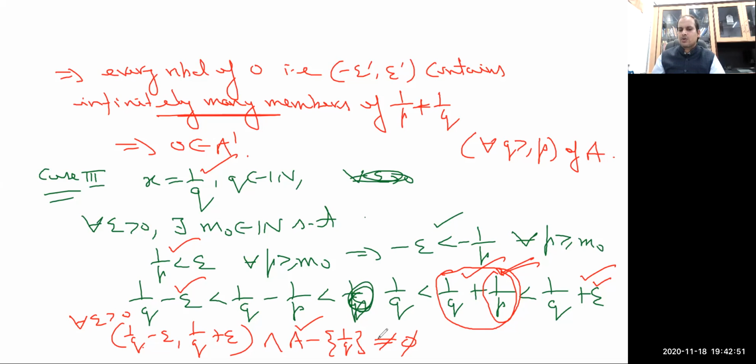So this intersection is going to be non-empty. This is the reason why every x of the type 1 by q is going to be its limit point.